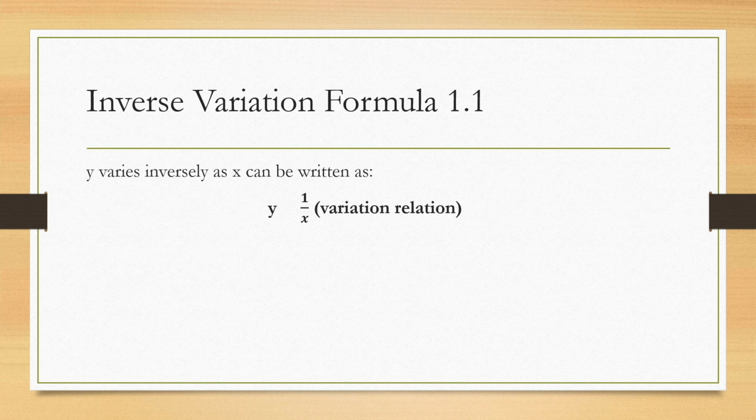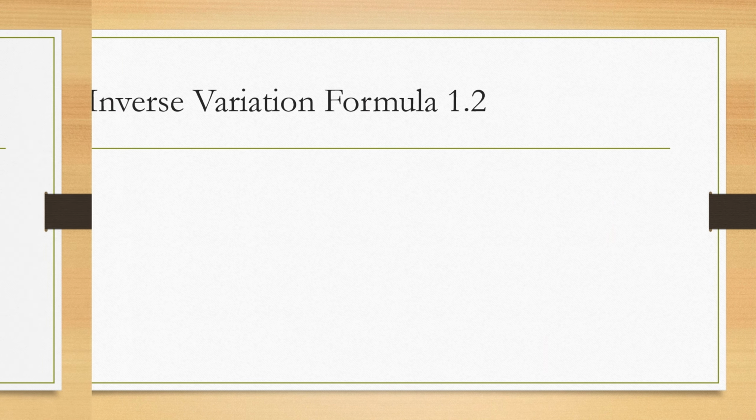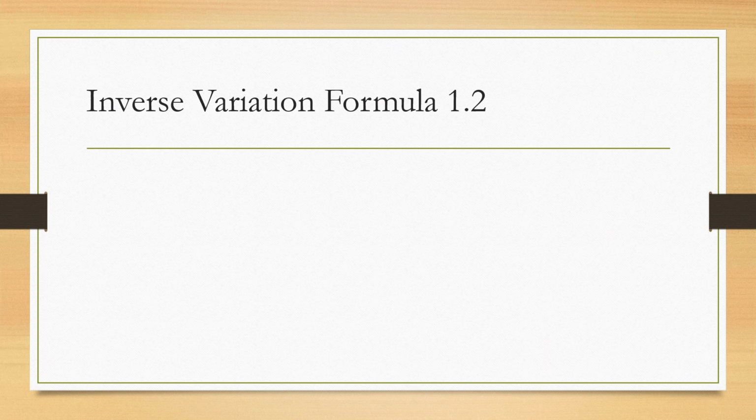Y varies inversely as x can be written as y varies with 1/x. Where this variation relation in equation form is y equal to k/x, where k is constant. This is the graph. This is the origin. This is the x and y as usual. This is 1.2, continued.